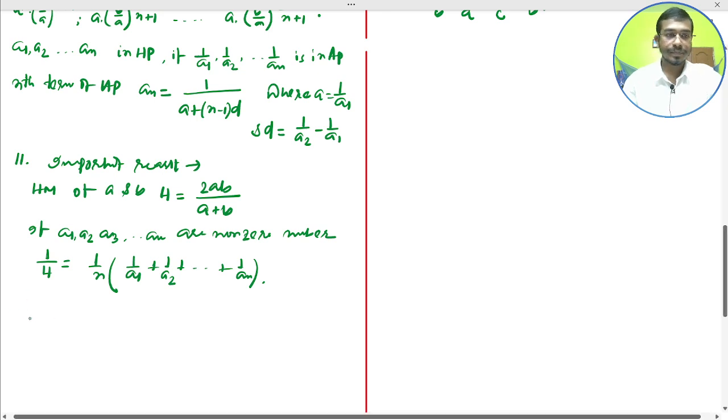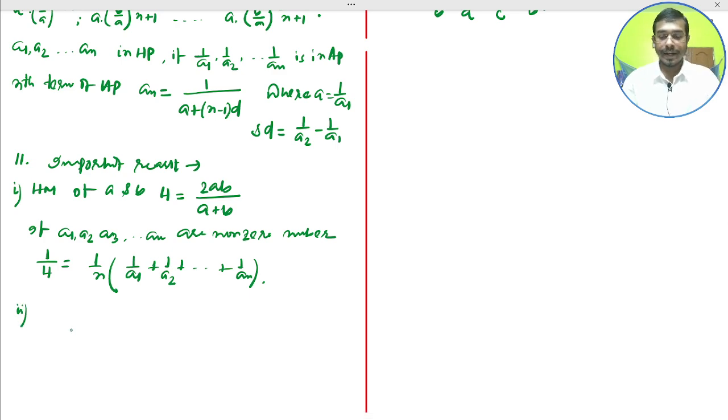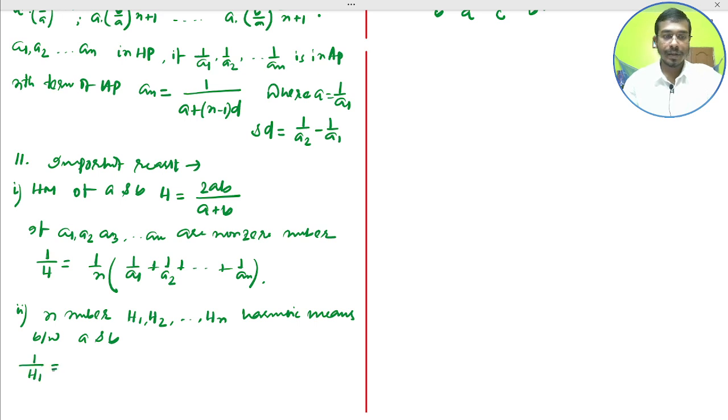Next, this is 1 and next 2: n harmonic means H1, H2, ..., Hn between A and B. 1/H1 would become 1/A plus (A minus B) divided by (n plus 1) into AB.